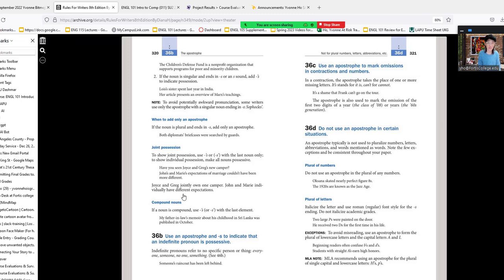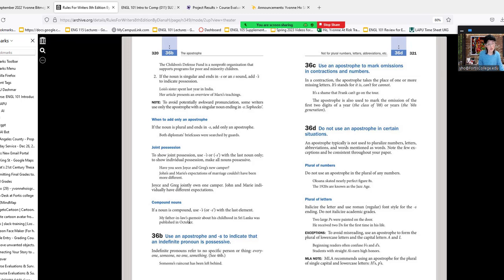So if it's individual, you do an apostrophe s after each name. If you say George and John's house is red, that means that both John and George all own that house, or that there's some kind of couple. If a noun is compound, use apostrophe s or s apostrophe with the last element.